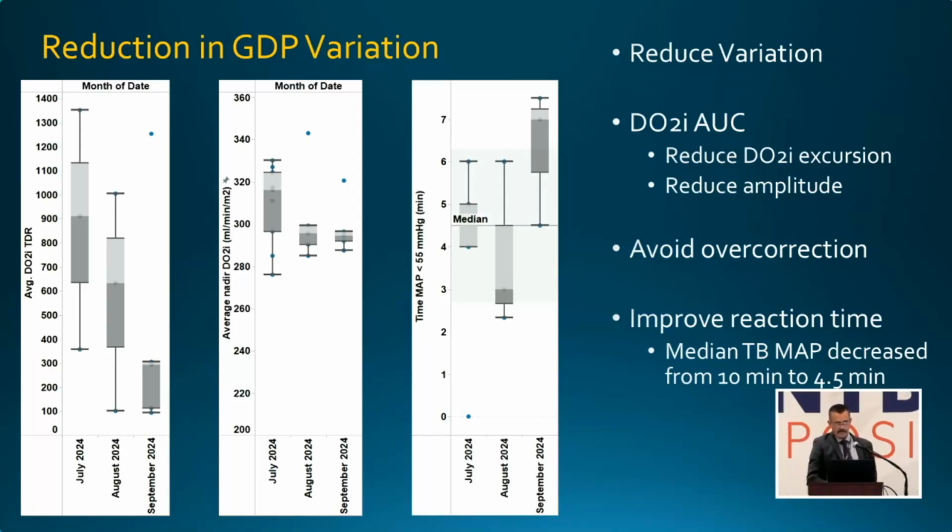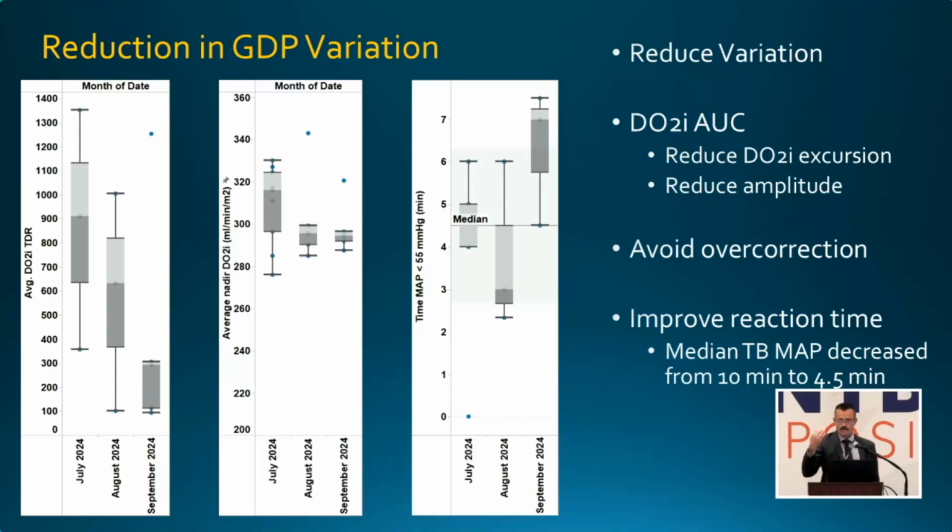And we see that also in our average nadir DO2. So if you look at the first month, July, quite a big spread between perfusionists of what their average nadir DO2 on bypass was. As we get more familiar with the score and time goes on, that spread between perfusion staff members got smaller and smaller.